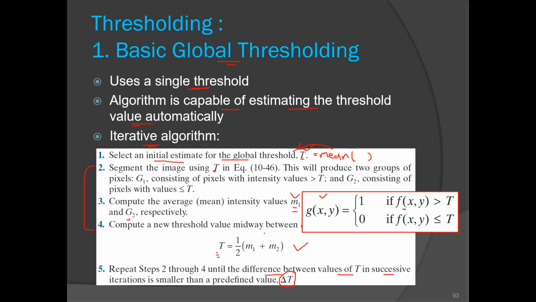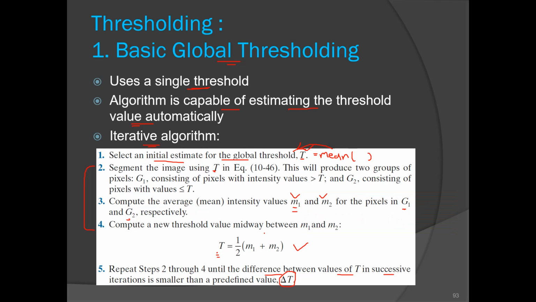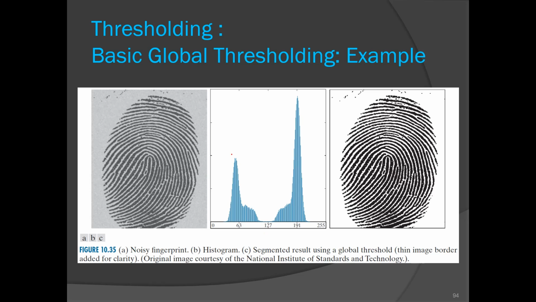Okay, so let me explain this through one example. Now consider initially we have set the value of T as this one and delta T as, let's say, 10. Okay, so now this is our initial value of T. So now pixels in this region will fall in G1 and remaining pixels will fall in G2.